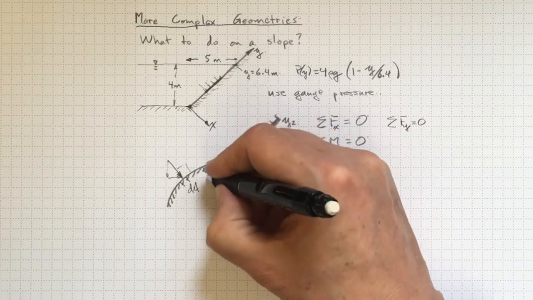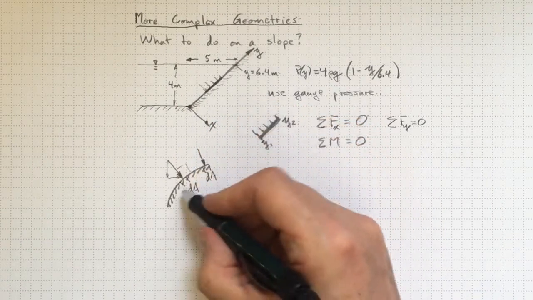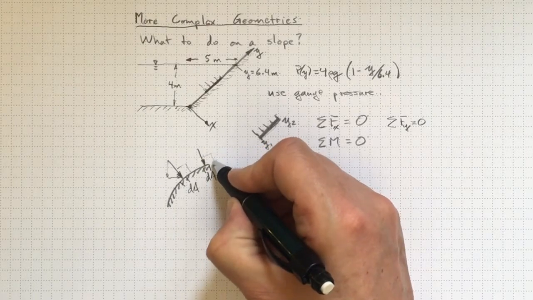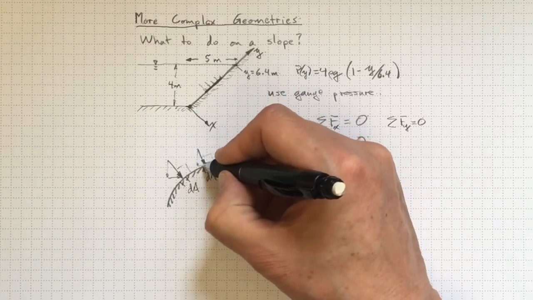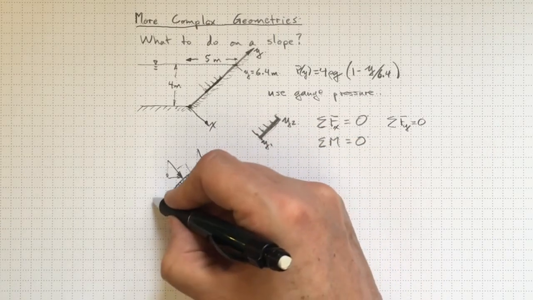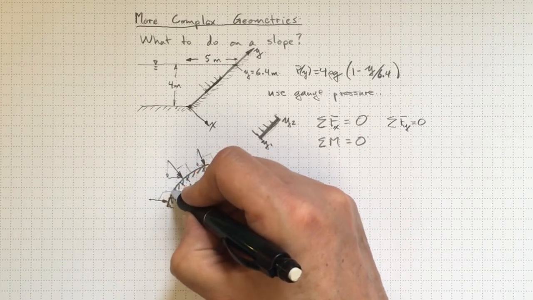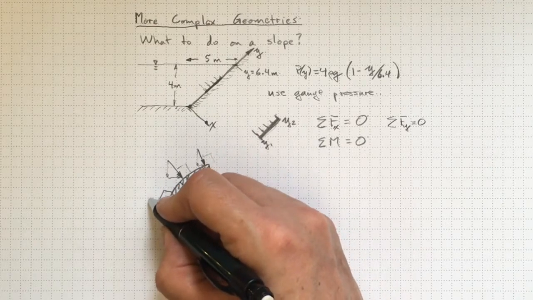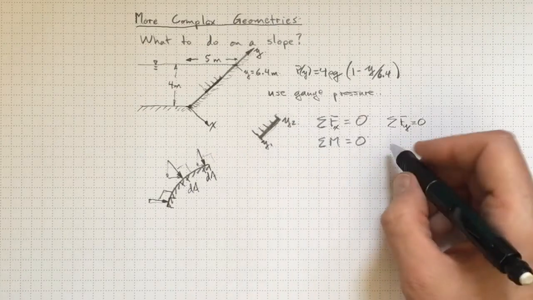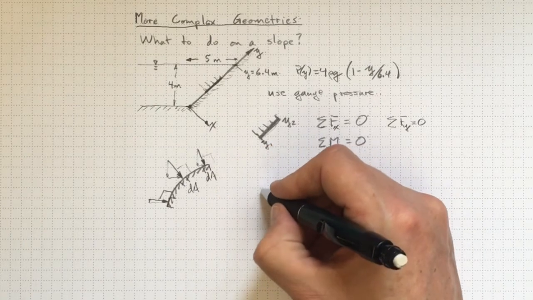Up here, more projected area, the force is acting in a different direction, and we'll need to know the details of the curvature to be able to tell what that direction is, but we can still break it into a y component and an x component. Likewise down here, where our area is facing off in that direction, we've got a pressure force acting like that. It's still perpendicular to the surface, and now it's got a very small y component and quite a large x component.